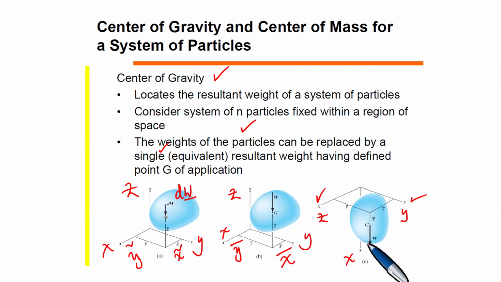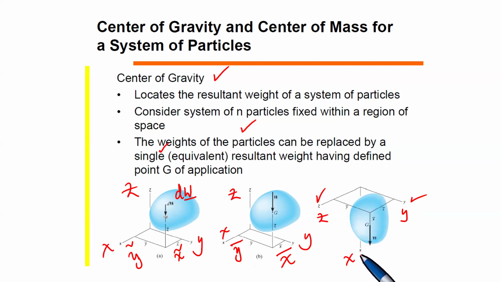Now here's the object. It is going straight down. Because it is like this, we're able to see that we have replaced the weight of the particles by a single equivalent resultant weight that is straight down for an object sitting in this particular coordinate system.